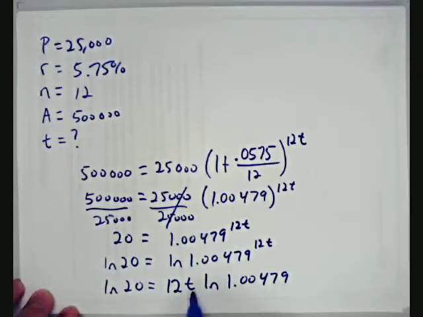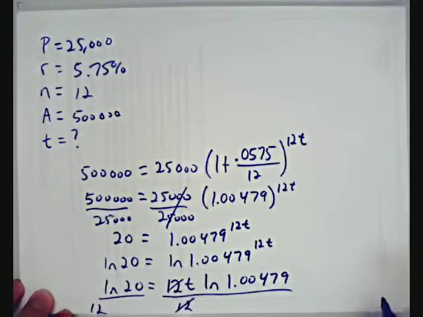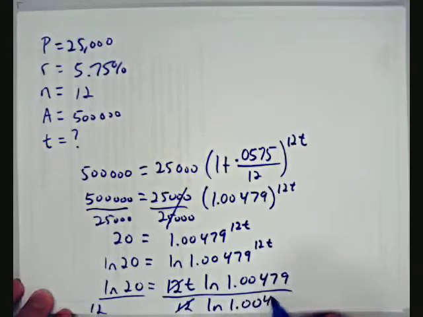Okay, so in order to get t alone, we would need to divide by 12, and we'd also need to divide by the natural log of 1.00479.